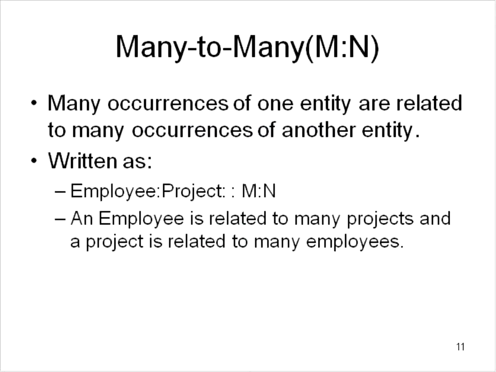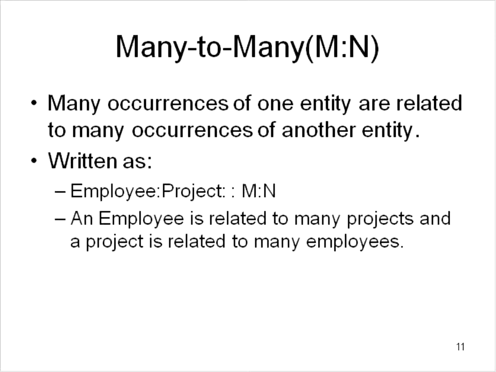And the last one of these cardinality ratios, the many-to-many ratio: many occurrences of one entity are related to many occurrences of another entity. So the employee-to-project relationship. An employee is related to many projects, and a project is related to many employees.